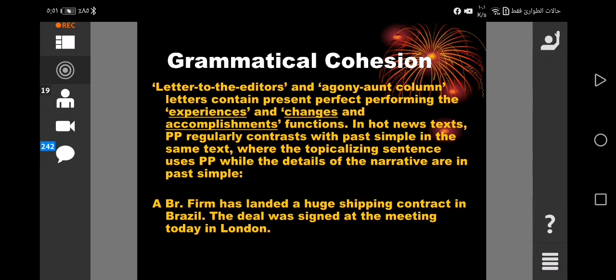So you write to the newspaper, and in the newspaper there is this agony aunt writer who writes to you, answering your questions, but he or she is also not known to you. They usually have nicknames. They call it agony aunt, right?